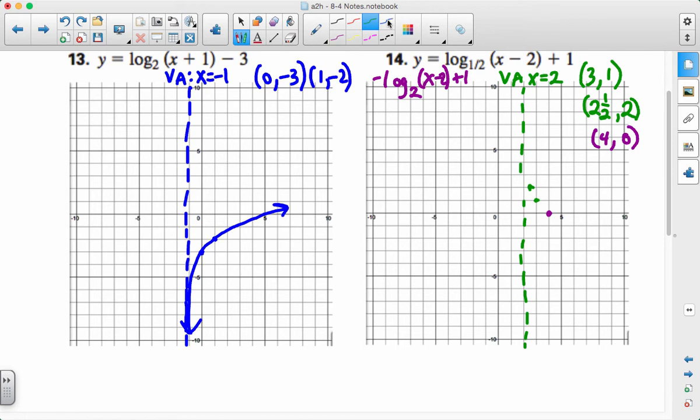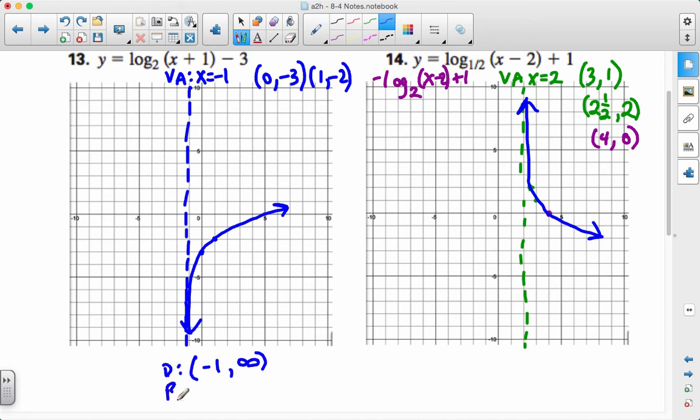All of them are consistent with this curve descending from heaven along the asymptote, curving over and off into eternity that way. All right. Domain and range. Here's our domain. Domain is -1 to infinity.